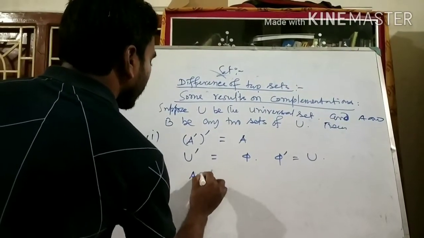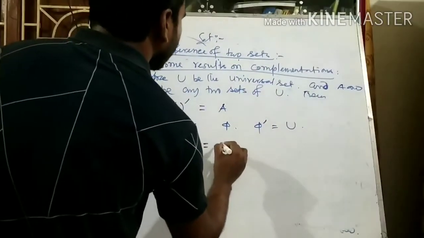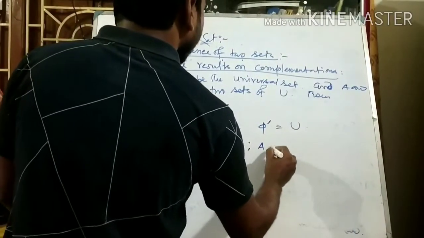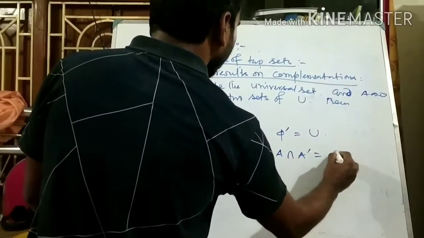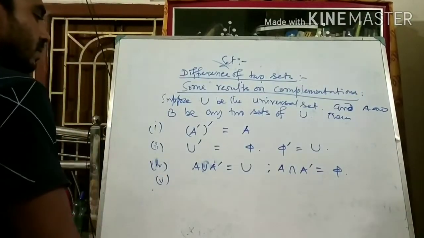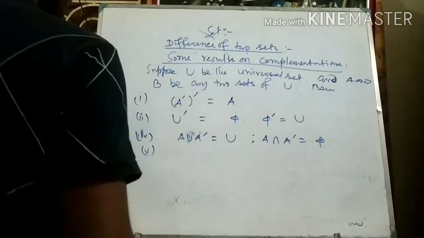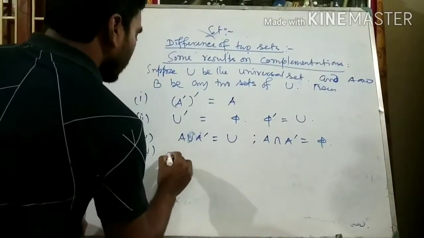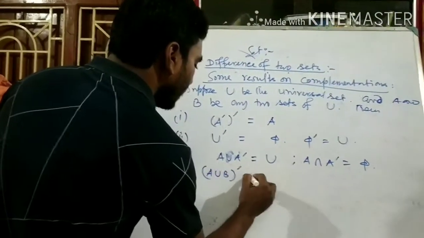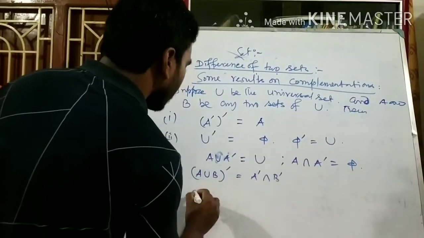Number 3, A union A complement is equal to the universal set. A intersection A dash is equal to phi. Number 5, the next is A union B complement is equal to A complement intersection B complement.